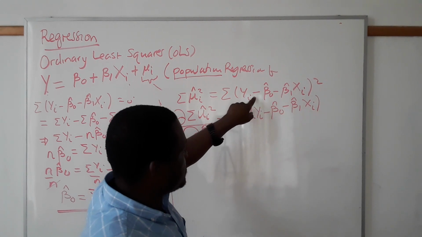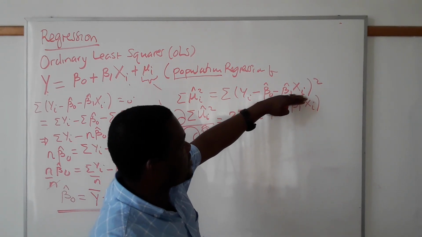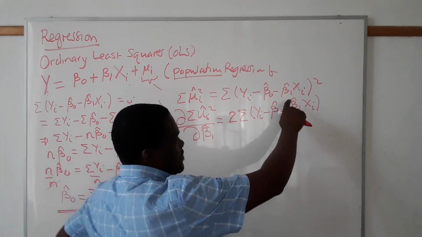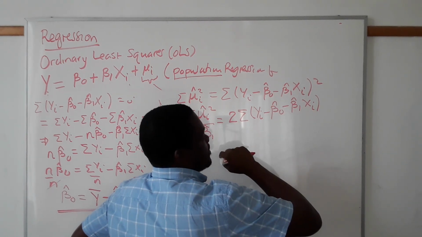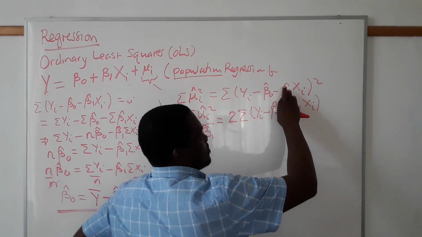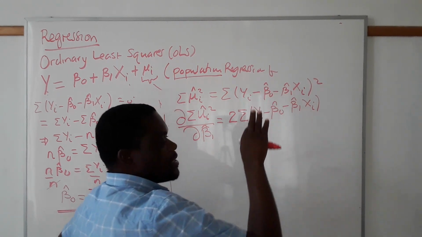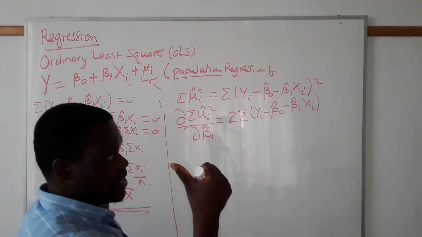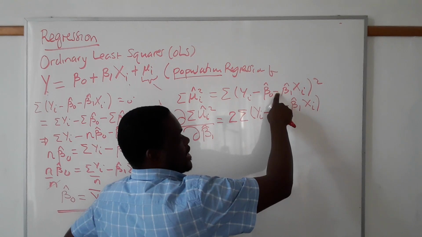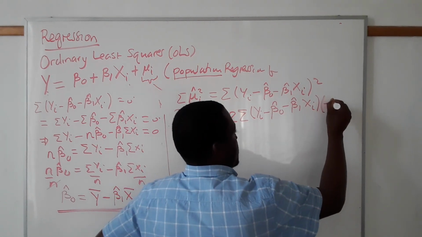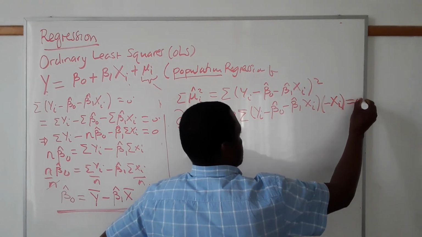Everything that doesn't have beta 1 becomes 0 in that process, and we remain with this. If we differentiate this expression with respect to beta 1, this becomes 1, because differentiating beta 1 with respect to beta 1 is 1. And that 1 is multiplying the x, and there's a minus there. So we have a minus xi. And we must set this equal to 0.